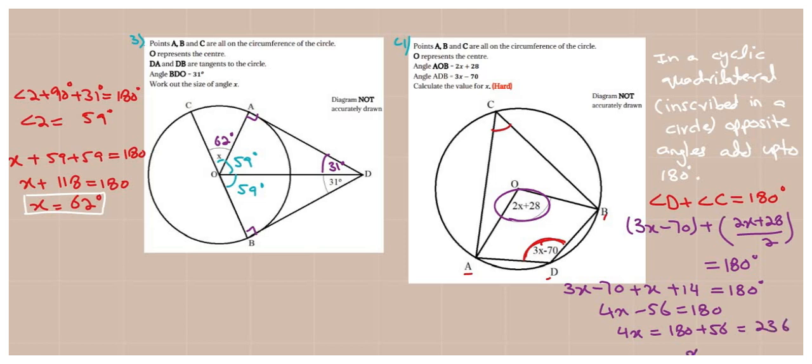So that means x will be equals to 236 divided by 4, which is 59. So the final answer of this x value is 59, which is the value of the variable x, and that variable was involved in the angles. Okay, so C was basically x plus 14. I can also write it for your understanding.